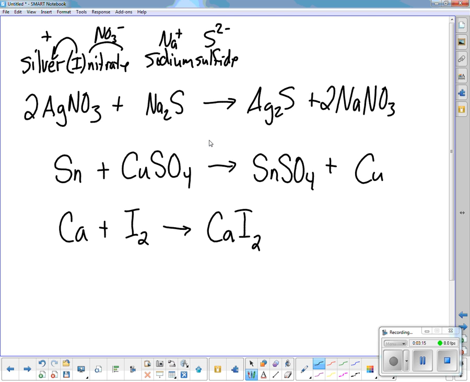This bottom 2 right here is not because of this, but because this was a +2 and this was a -2. So I needed to add 2 of those to get 0. Okay, that's why. On the left side it's 2 because that's Braun-Hifkel. Okay? All right, going on to the next one.